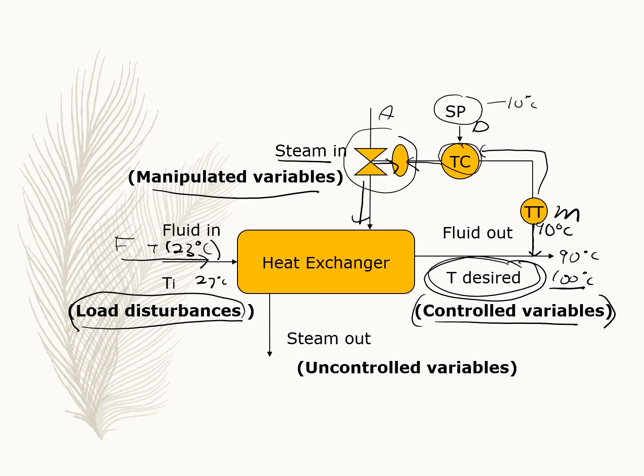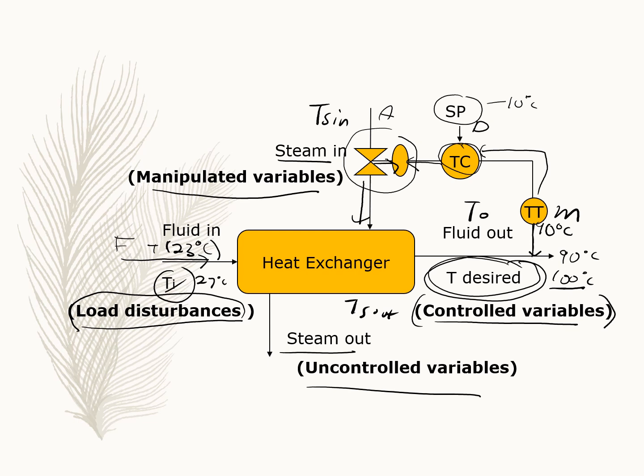So normally for this heat exchanger system, the steam out is one of the uncontrolled variables. So please remember all the variables here. We have Ti, T steam in, T steam out, T out.